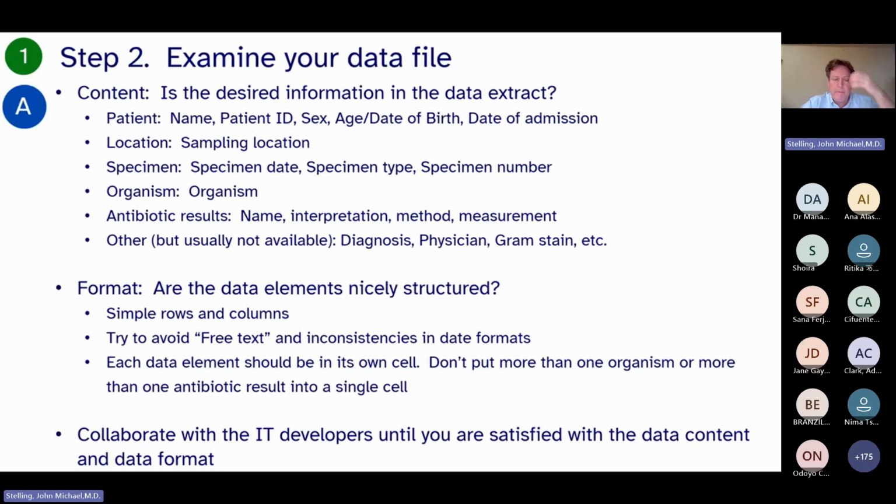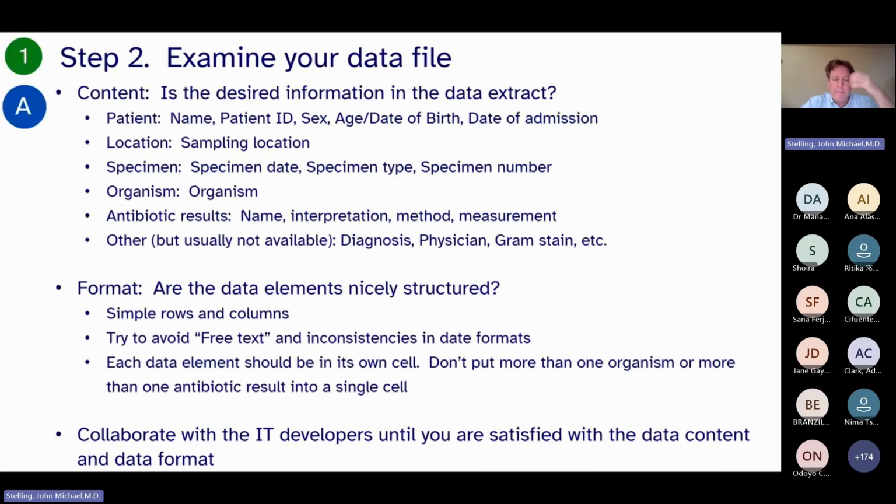Format: are the data nicely structured? And by nicely structured, I mean, is it just simple rows and columns? There are certain things that BacLink can handle easily, especially if it's nice, simple rows and columns. We don't like free text. Sometimes for Staphylococcus aureus, there are 20 different ways to spell Staphylococcus aureus incorrectly.